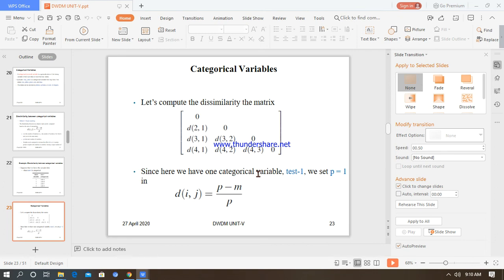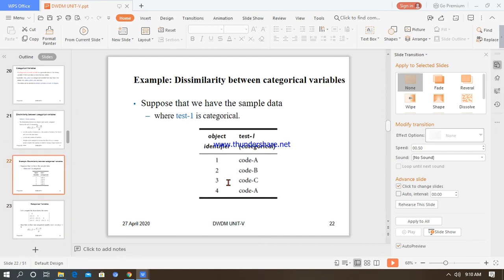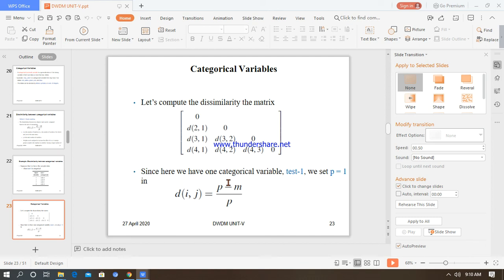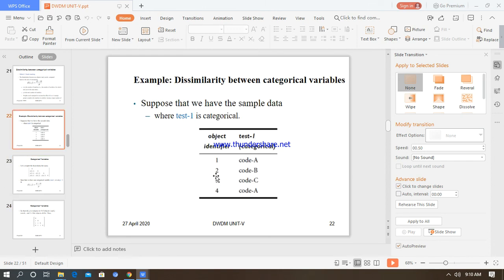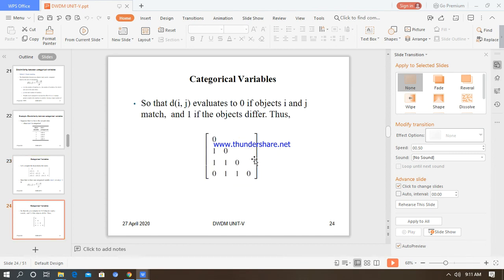Since here we have one categorical value, test1, we set p equal to 1, and it's 1 minus m, where m is the number of matches, by 1. This is what we get. Why did we get 4,1 as 0? Because for the fourth one, if you see here, we have code A, which is similar to the first object's value. Okay, this is about the categorical values.